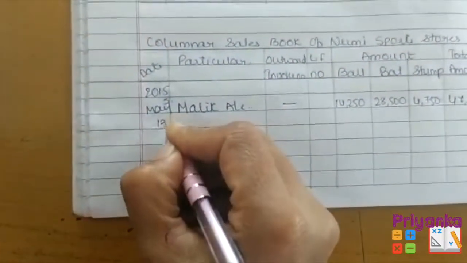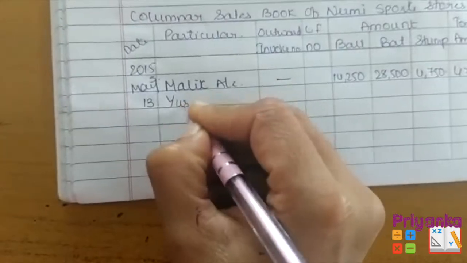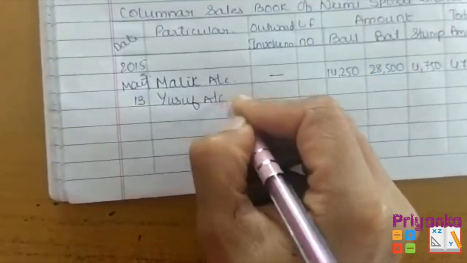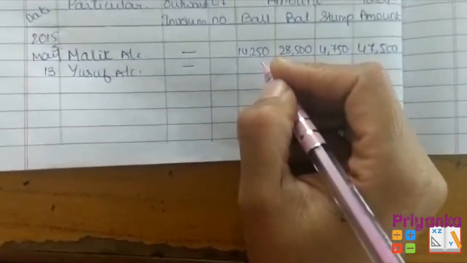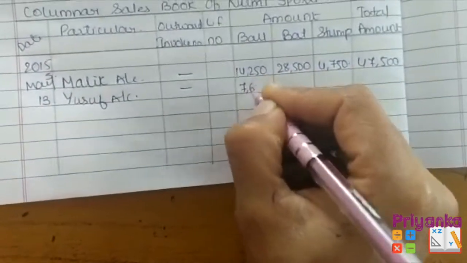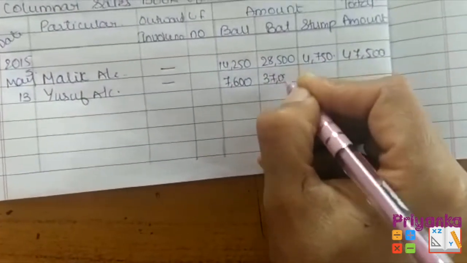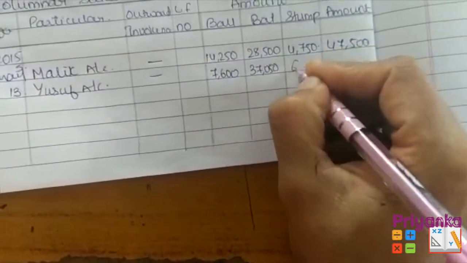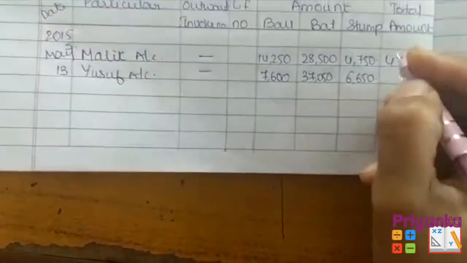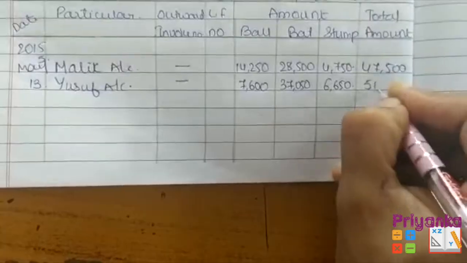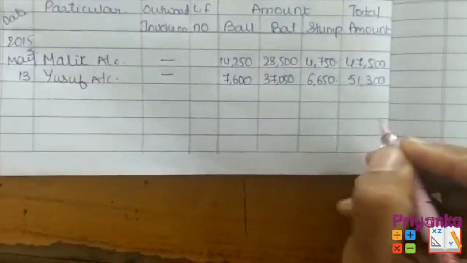Just write down the date, the name of the person, Yusuf account, no bill number is given, and the calculation amounts in the columns: 37,050, 6,650, the total is 51,300.